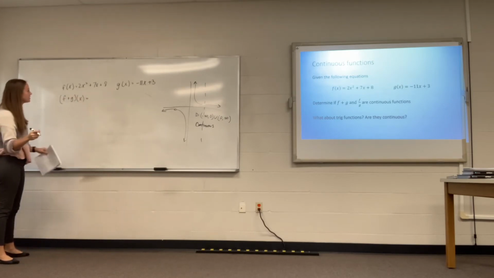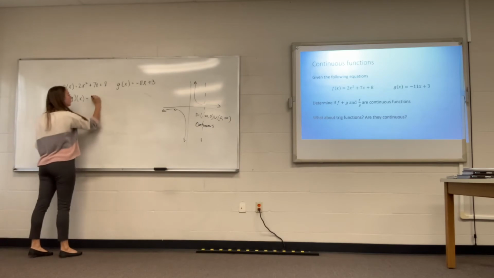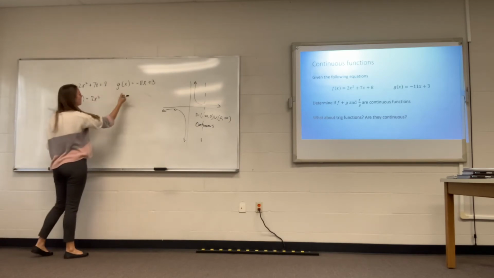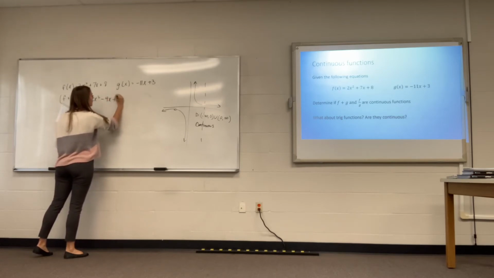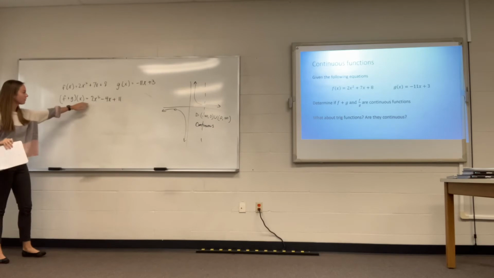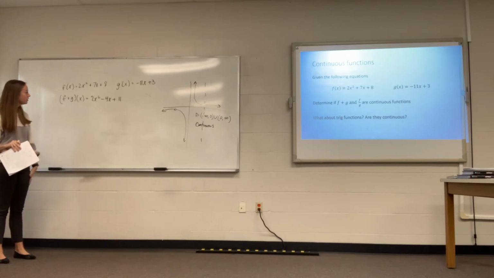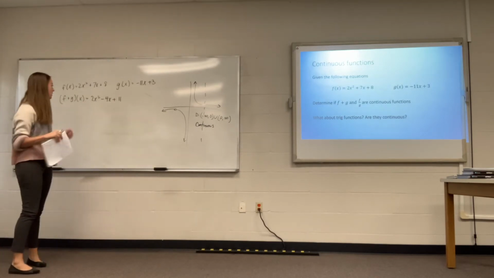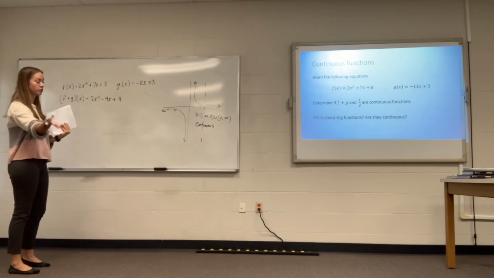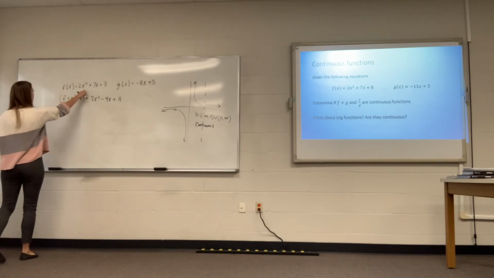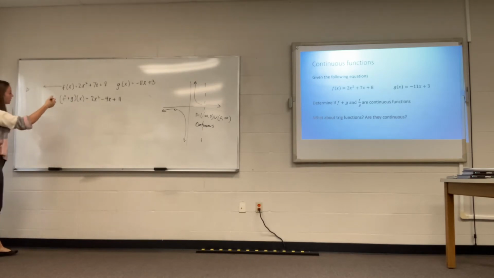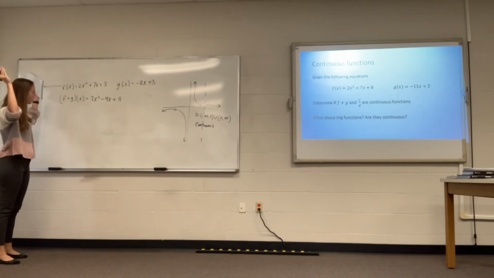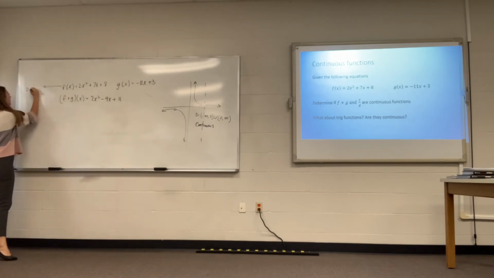Let's go ahead and find that function. If I just add these together, I'd have 2x squared, then 7x and negative 11x gives me negative 4x, and 8 and 3 gives me 11. So I have this function right here. Now if I think about them in general, my f of x function is a quadratic that opens up, so its domain is from negative infinity to infinity.